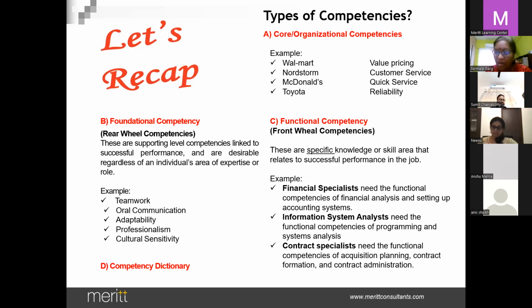What you can see at the surface level is only the knowledge and the skill. Now, we are talking about what competencies are required for a role, a position, or a job.